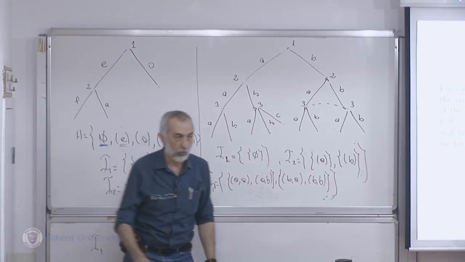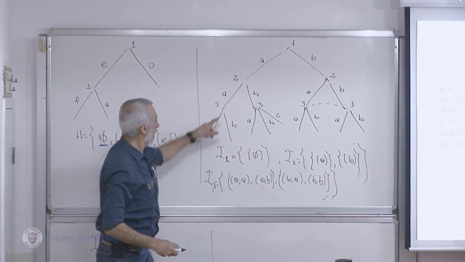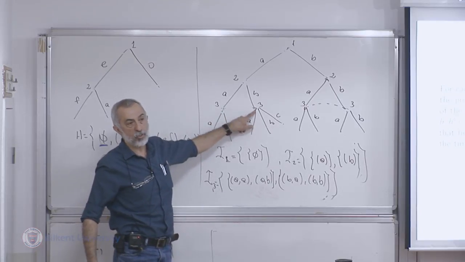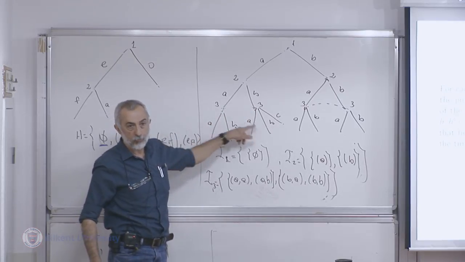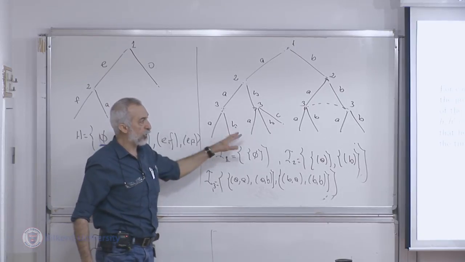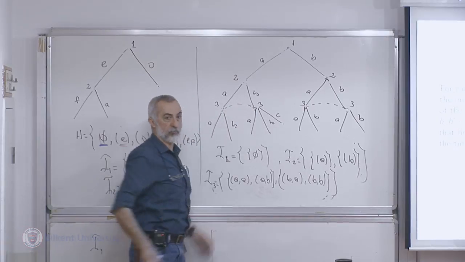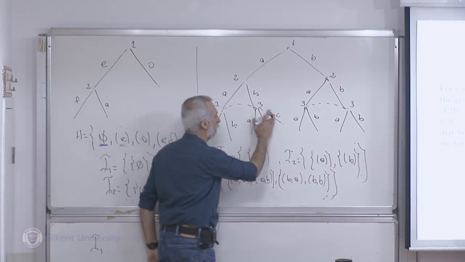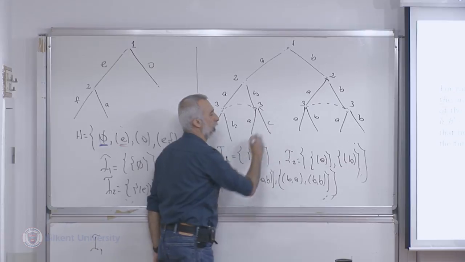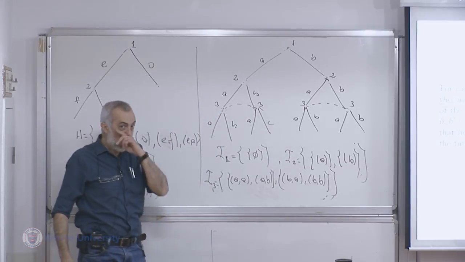So at any histories which are in the same information set, the number of actions available should be the same. Not only the number should be the same, but assume that the available actions were different.